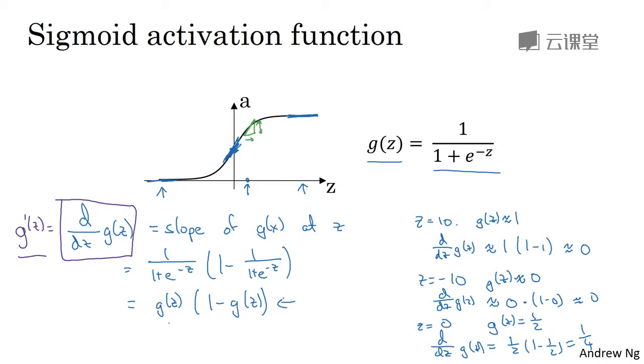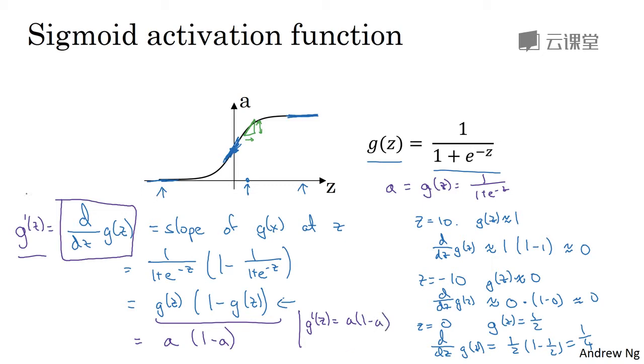And then in a neural network, we have a equals g of z. Then this formula also simplifies to a times 1 minus a. So sometimes in implementation, you might see something like g prime of z equals a times 1 minus a.